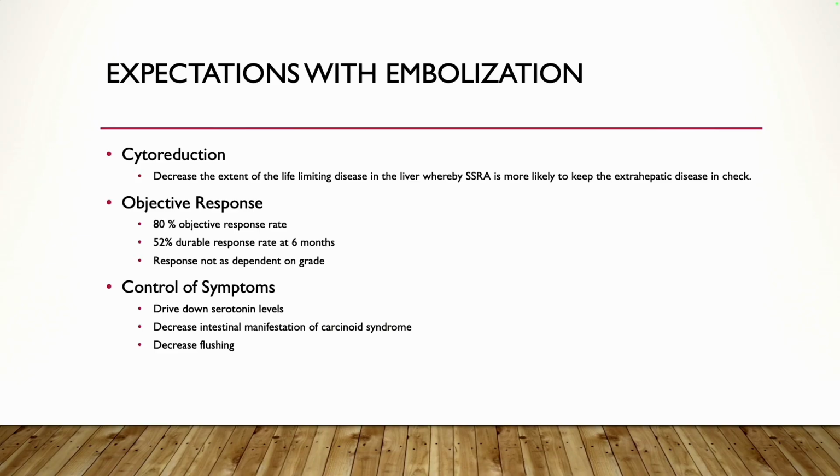But if you have too many receptors, you have too much disease, it would be unrealistic to think that a single dose of that drug is going to be able to control that extent of disease. So cytoreduction, whether it be surgery, which Dr. Rose talked about, or liver-directed therapy, is highly effective at diminishing the total number of parking spaces that would be available for the injectables, and therefore the SSRA is more likely to keep that remaining lower volume disease in check.